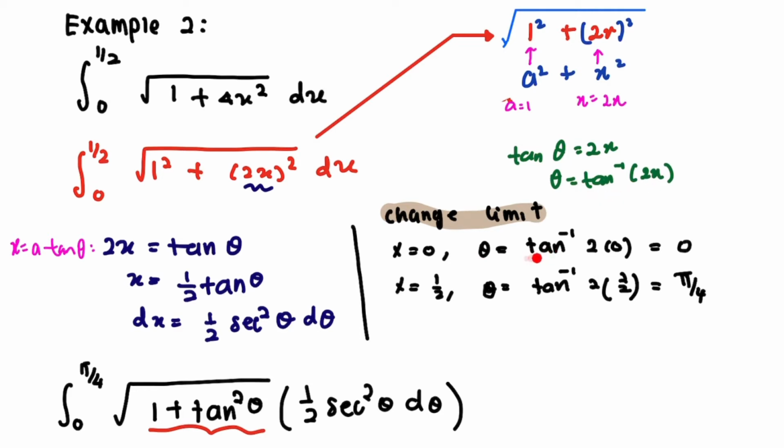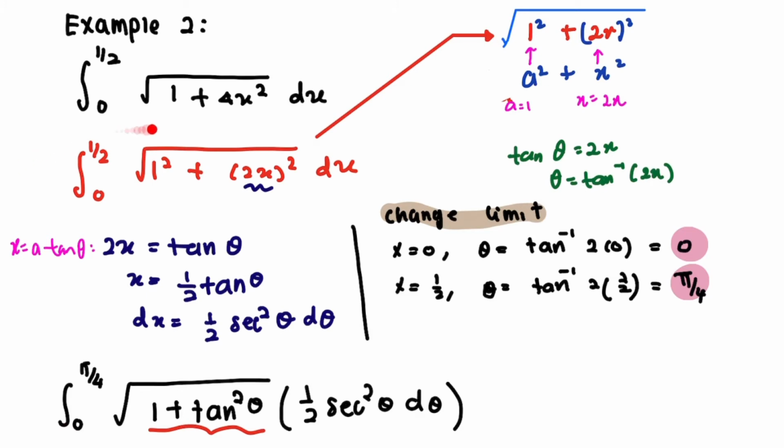This is just inverse tangent of 2 times 0, so inverse tangent of 0, which is just 0 in radians. For the other one, when your x is equal to half, your theta is equal to inverse tangent of 2 times half. So just cancel out, now inverse tangent of 1. Therefore, inverse tangent of 1 is just equal to pi over 4. So now we have finished changing the limit. Our new limit is from 0 until pi over 4.